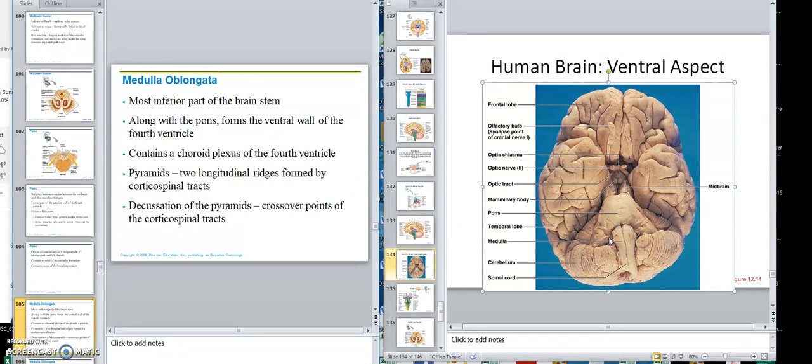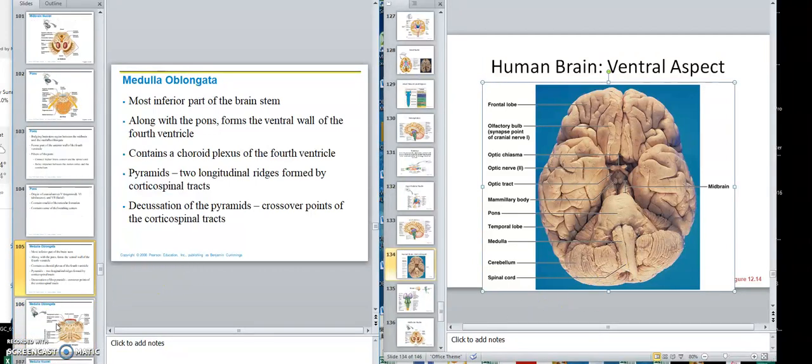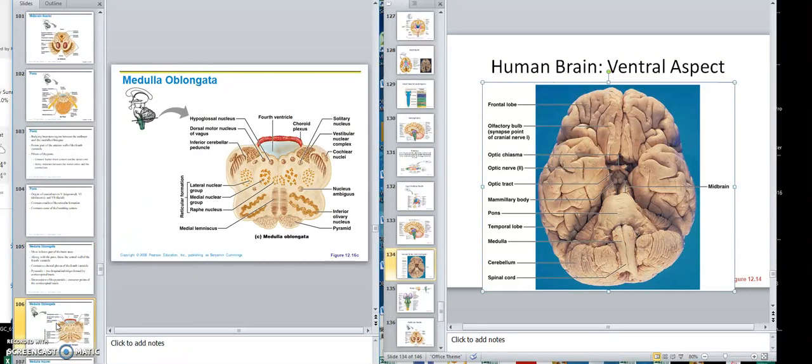See, we had pyramidal fibers, and they go in through the pyramids, these two things here. Okay. Decussation of the pyramids, that's where you have a crossover of some of the corticospinal fibers at the decussation of the pyramids. So there we are.